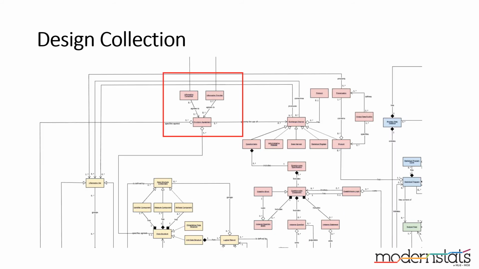And when we come to the capability where we design collection, the provision agreement is of course included in that capability. Here you can see that the provision agreement is based upon a data structure, so you can imagine the two capabilities communicating there.